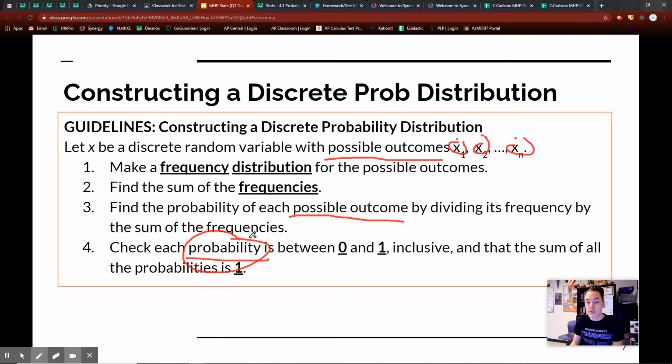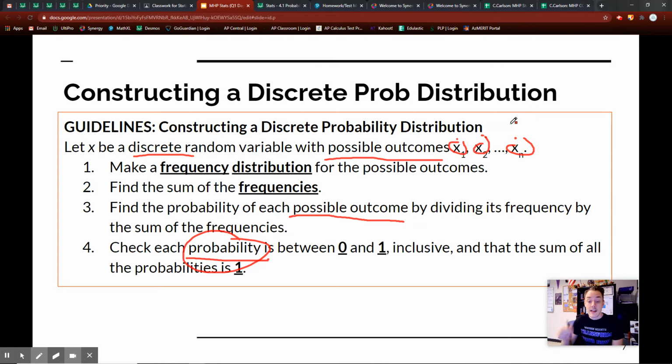Okay, so I'll say it one more time. We're going to be given a certain amount of countable, discrete data, data that's not fractions. Let's just say we're given 1, 2, 3. We're going to have a frequency attached to each number. Frequency just means tally marks, how many times it occurs. So 1 occurs this many times, 2 occurs this many times, 3 occurs this many times.